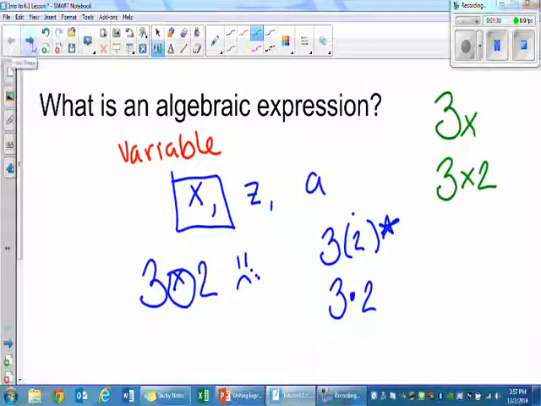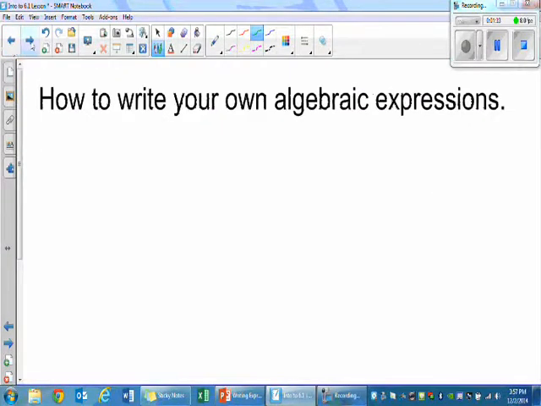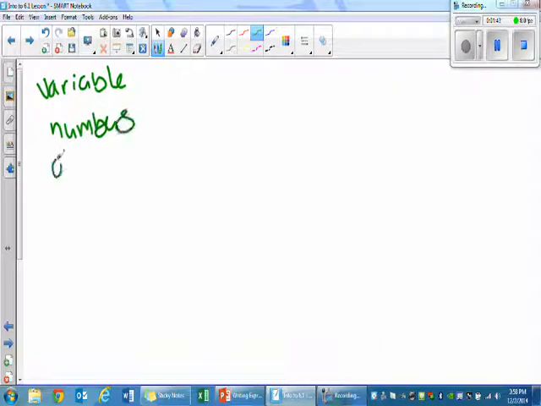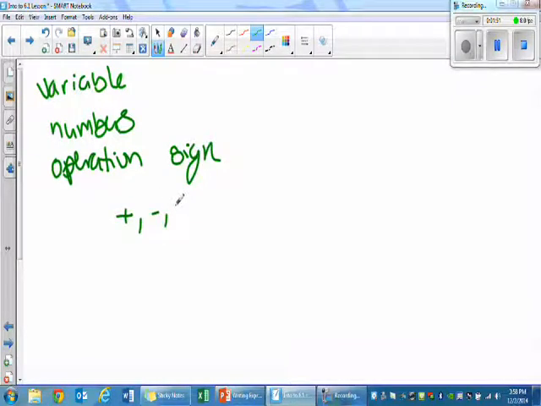Okay, so back to what is an algebraic expression? Well, we already know it involves a variable. To have an algebraic expression, you also need some numbers, and you need an operation sign. So what I mean by an operation sign is, am I adding, subtracting, multiplying, dividing, or maybe there's more than one operation sign.